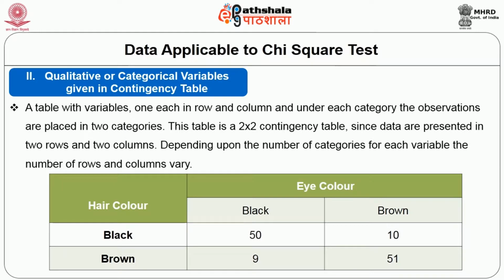The table is presented with the variables, one each in row and column. Under each category, the observations are placed in two categories. This table is a 2 by 2 contingency table since data are presented in 2 rows and 2 columns. Depending upon the number of categories for each variable, the number of rows and columns vary.